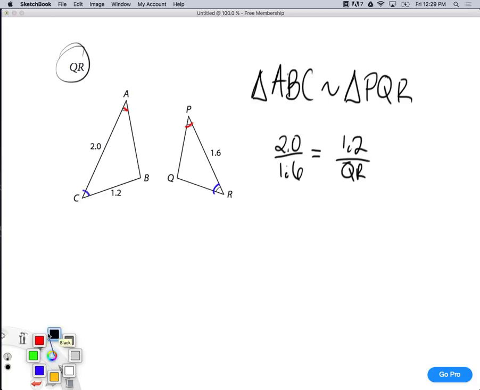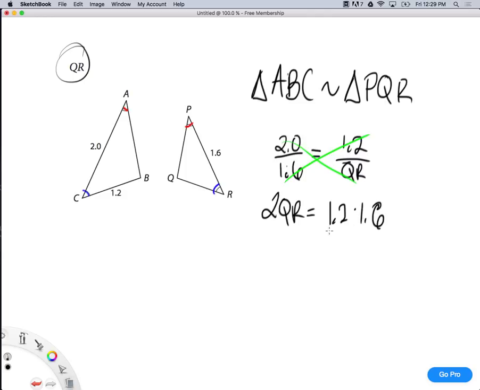Okay, how do I solve for QR? Bam, just do it. Have bravery. 2QR equals 1.2 times 1.6. Then I divide by 2 to solve. And I get QR equals 0.96.